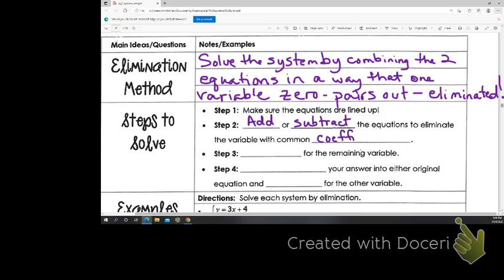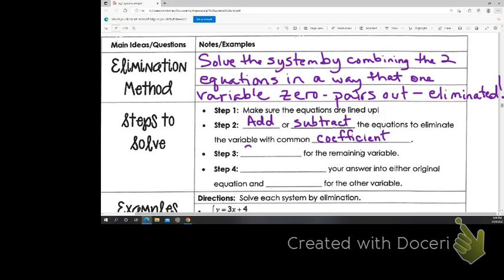So in other words, if there's a 2x and another 2x, we can subtract them to get rid of them. If there's a 2x and a negative 2x, we would add them to eliminate the common variable. So common coefficient, in other words, the same number of that variable.